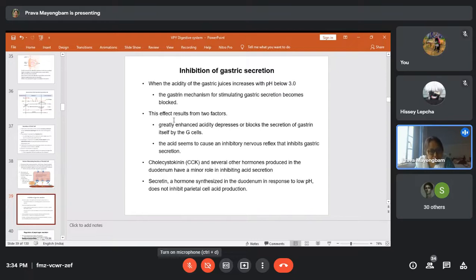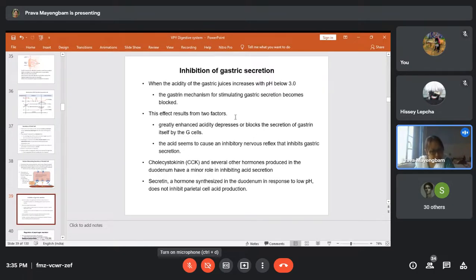This effect results from two factors. One is that greatly enhanced acidity depresses or blocks the secretion of gastrin itself by G cells. Another is that the acid seems to cause an inhibitory nervous reflex that inhibits gastric secretion.